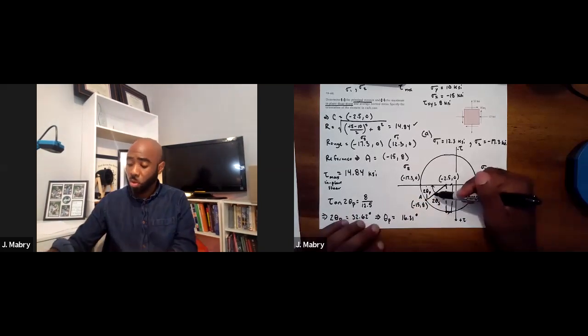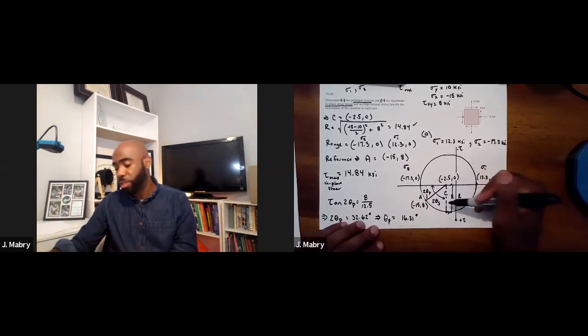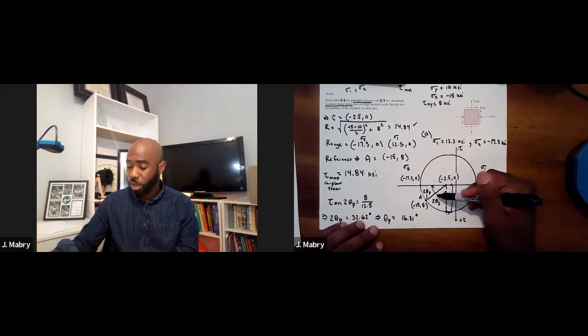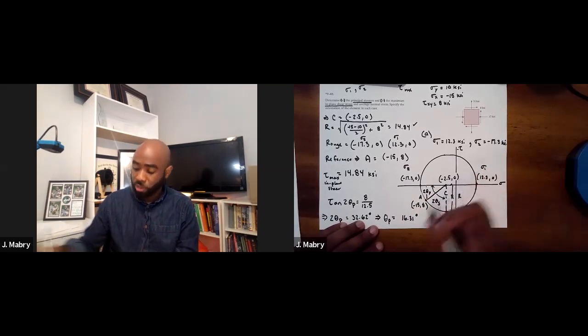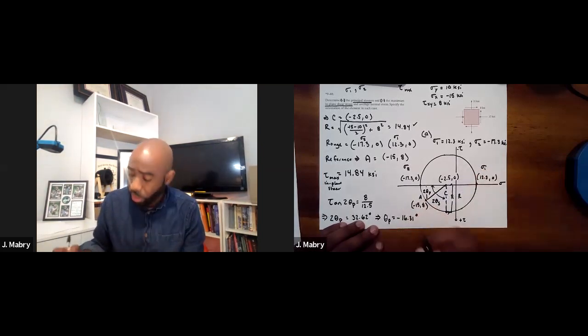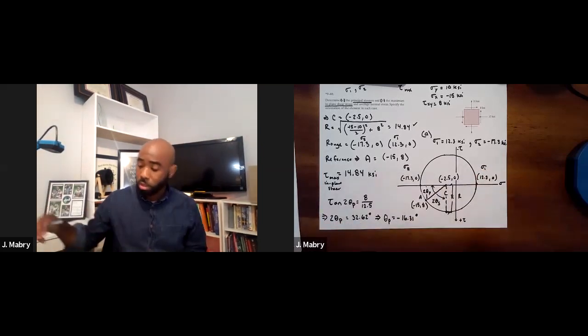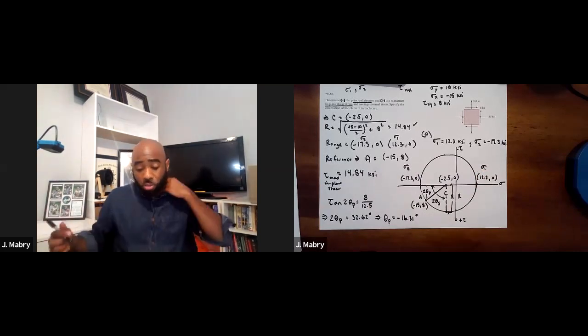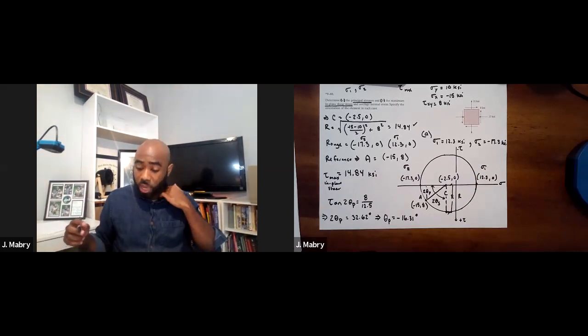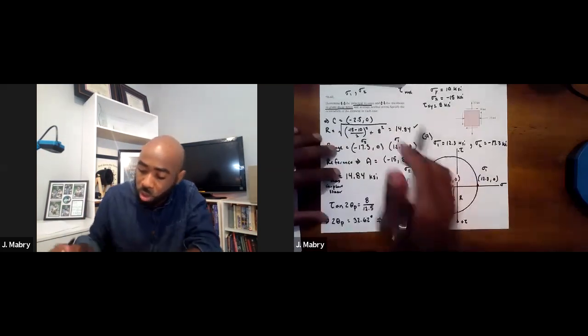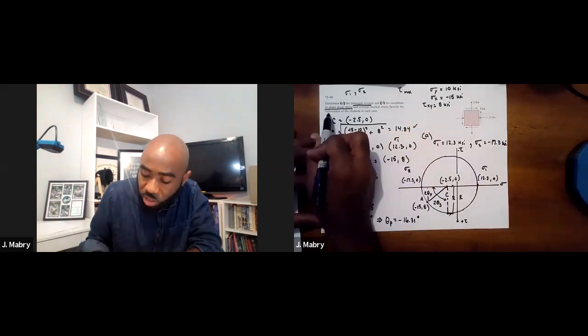And since this is going in the clockwise direction, and I said before that it's customary to use counterclockwise as positive, we can make this a negative because it's going clockwise. That is what we will find if we want to find the angle. Specify the orientation of each element.